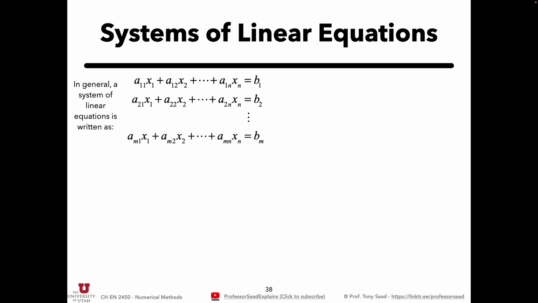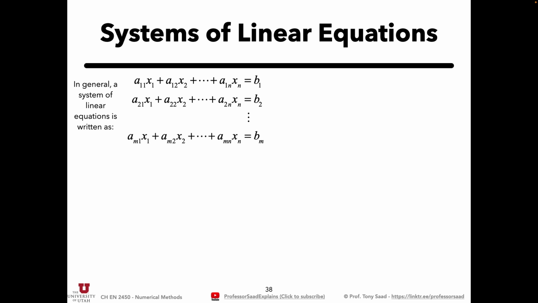Its coefficient 1, call it A11, because it's equation 1, coefficient 1, times x1, which is the first unknown, plus A12, which is the second coefficient of equation 1, times x2, and so on all the way to A1n, that's the nth coefficient in equation 1, times xn equals some right-hand side value.